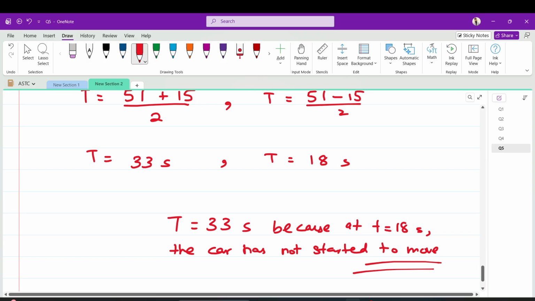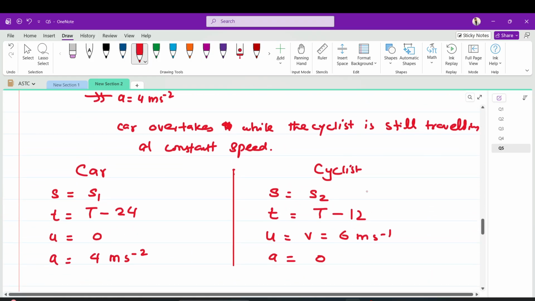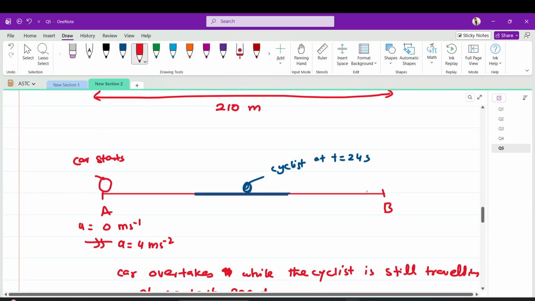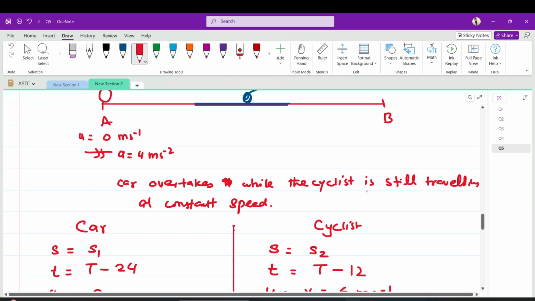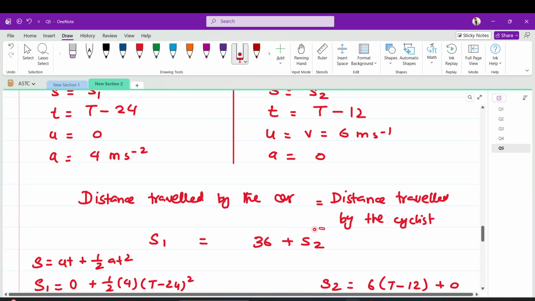All right, so that is the end of our question number 5. And this was a very tricky question, because the most tricky part over here is choosing this t minus 24, t minus 12, and these two equations and these variables.